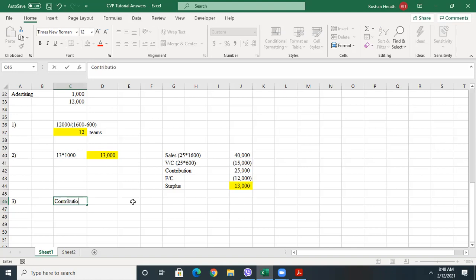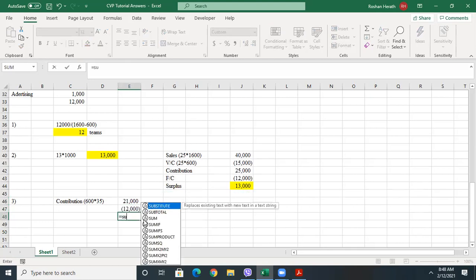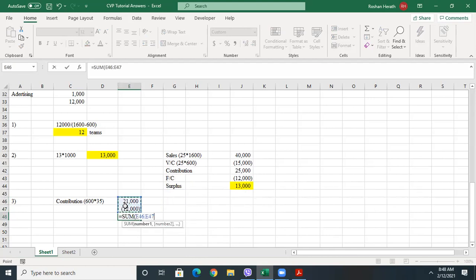So if you make your sales price 1,200, the variable cost is 600. So therefore, per unit contribution, it's 600. And that is into 35 units. 600 into 35, 21,000. Fixed cost 12,000. This is it. If you go by the decision, this is going to be your surplus.